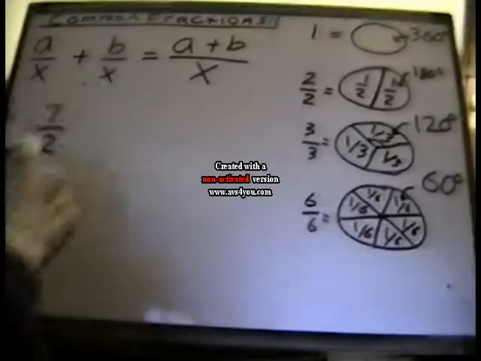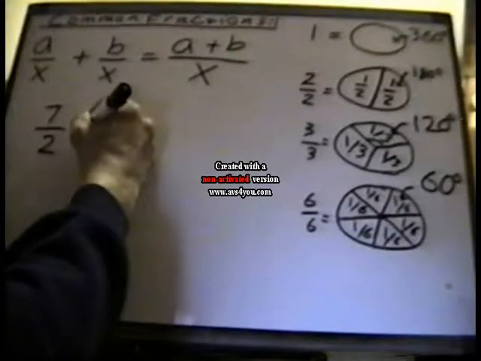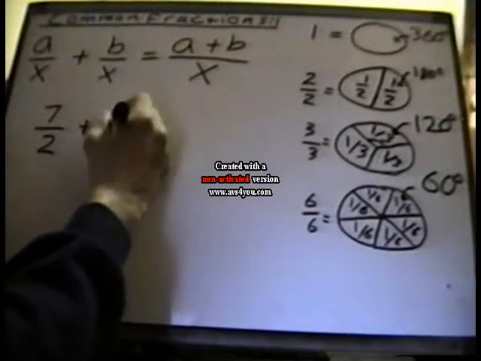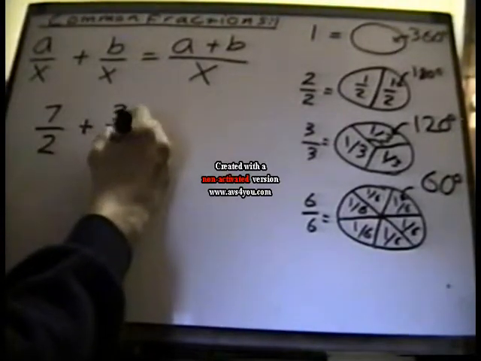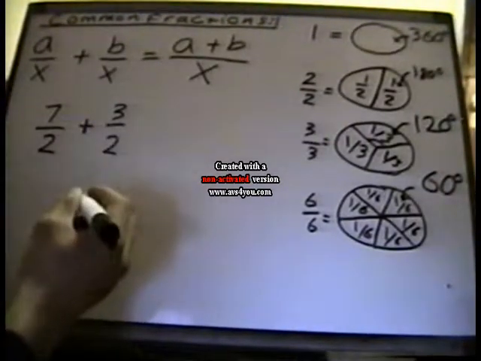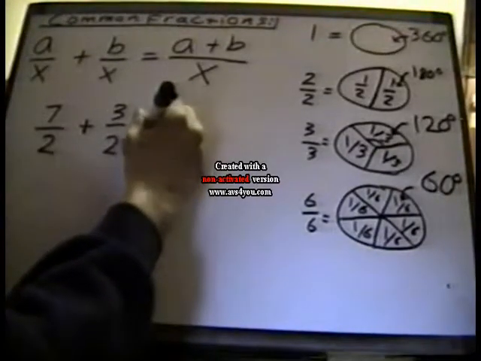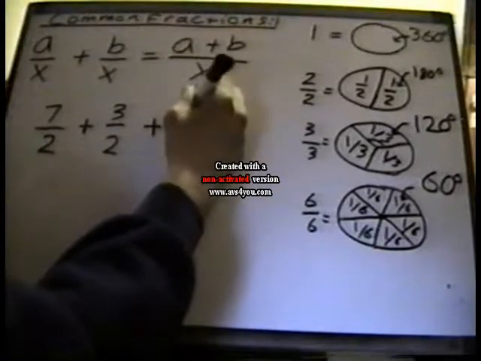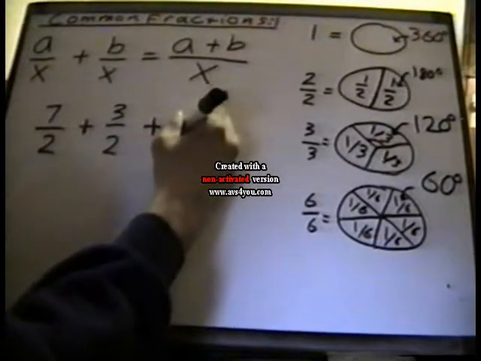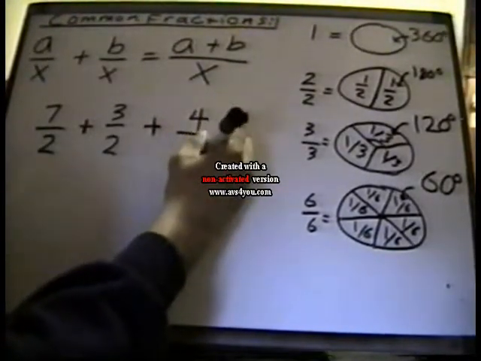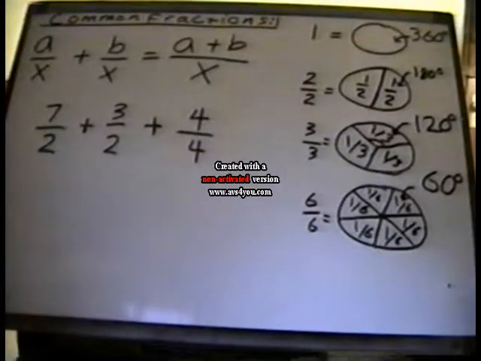Now let's say we have 7/2 plus 3/2 plus 4/4.